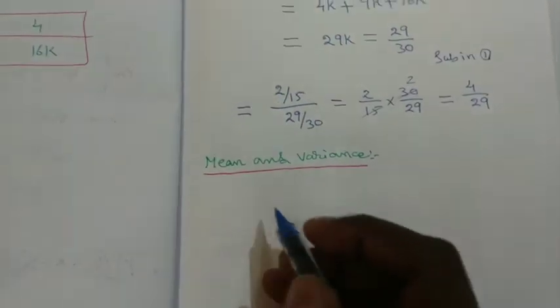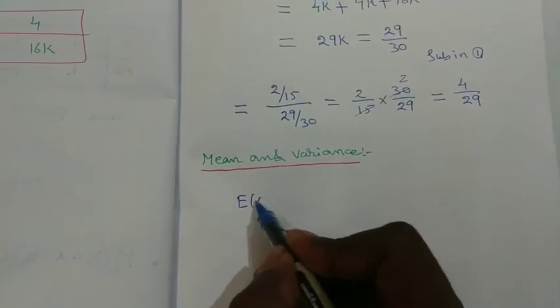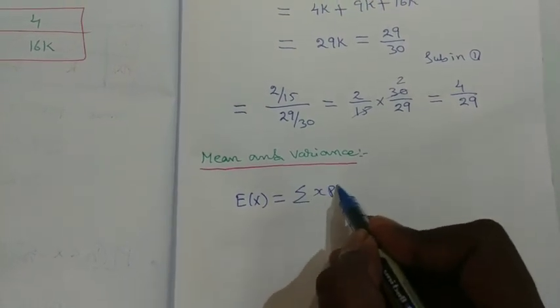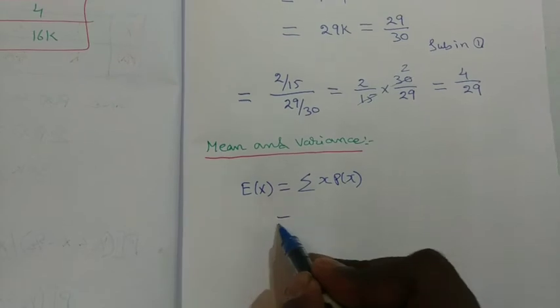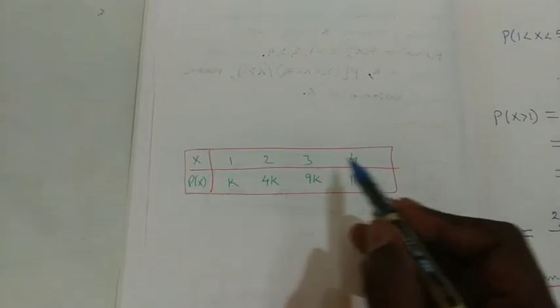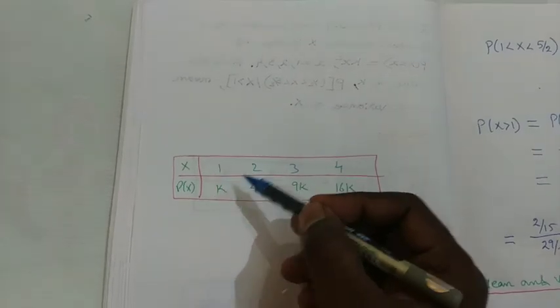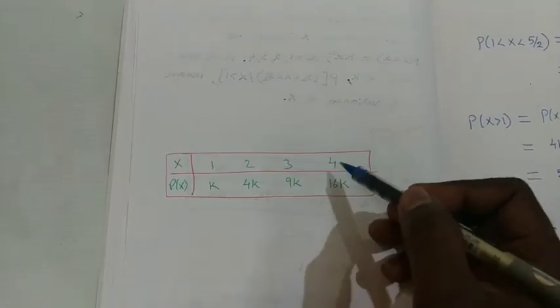So the formula for mean is E of x is equal to, for a discrete random variable, sigma x into p of x. So from the table, this is x, this is p of x. So x into p of x means 1 into k, 2 into 4k, 3 into 9k, 4 into 16k.